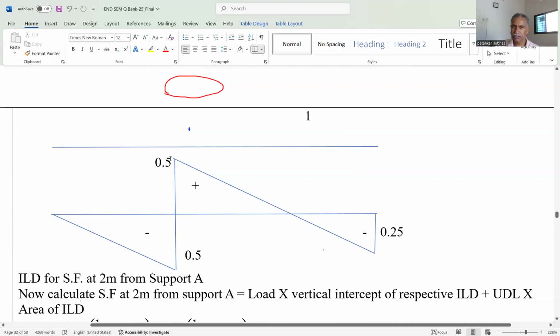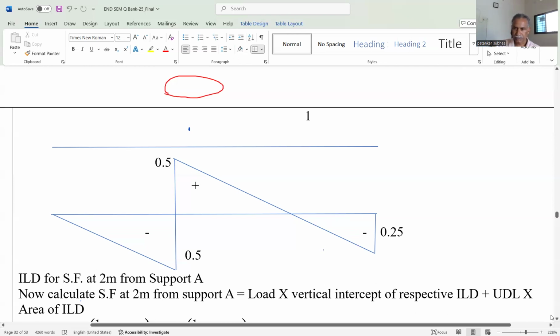This total height is 1, 0.5 plus 0.5. Then at support B, it is 0, and then extend this slope up to the 1 meter span. As we can see, by similarity of triangles, because the slope is the same, 0.5 divided by 2 equals y divided by 1, that's why it is 0.25 minus.